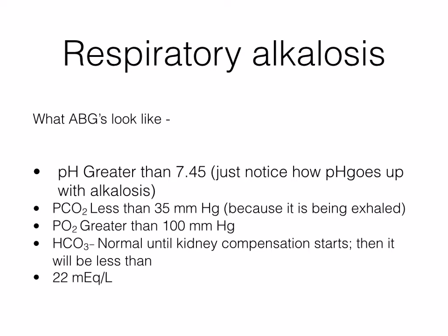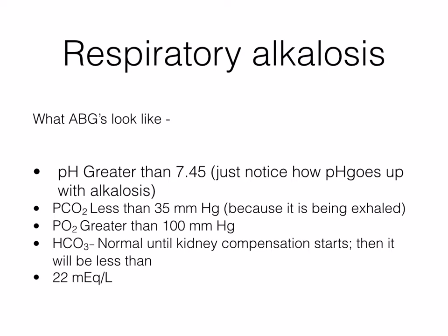I think bicarbonate and 22 went into 2 bullets, but it's one sentence. So in respiratory alkalosis, you see pH, you see PCO2, you see PO2, you see bicarbonate. Usually, the ABG interpretation, which I have discussed in the following slides, will take 3 things into consideration: pH, PCO2, and bicarbonate.